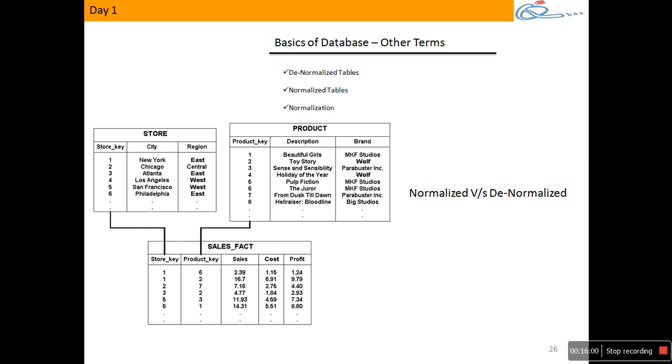Whenever I say this table is normalized data, there is no redundancy in it. When I say this table is denormalized data, you should see there is some redundancy in it. The process of converting a denormalized table into normalized tables, we call normalization.